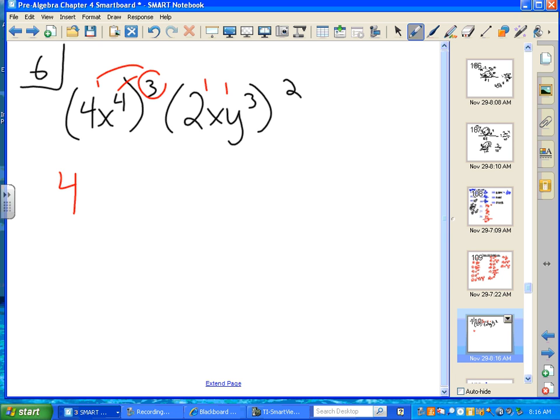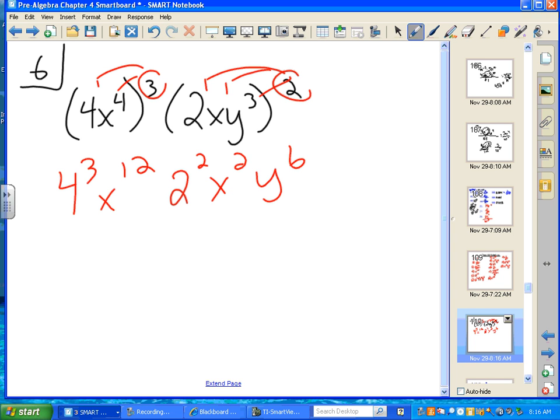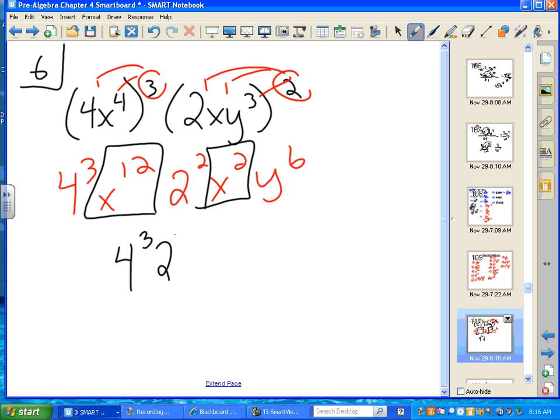Second set of parentheses, the 2 goes to everything. So 2 to the 2nd, x to the 2nd, y to the 6th. And then the last step, you can combine the x's. So we have 4 to the third, 2 to the second, x to the 14th, y to the 6th. The order does not matter.